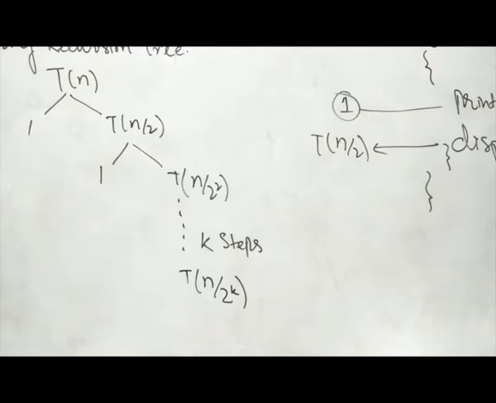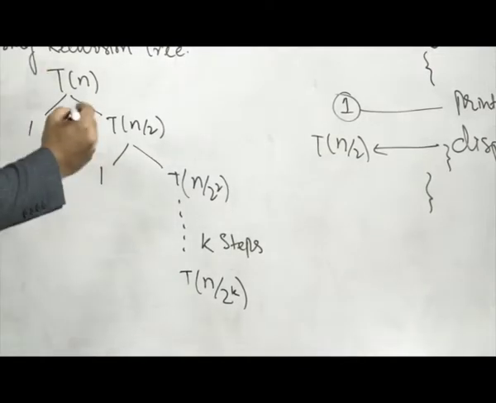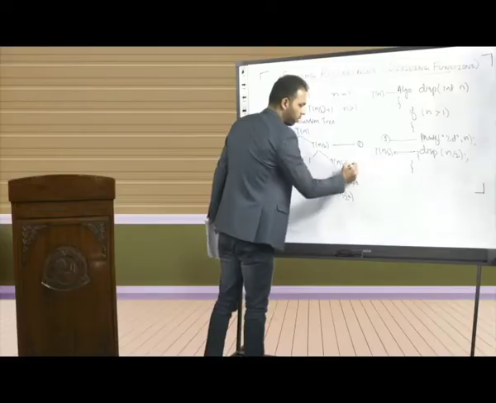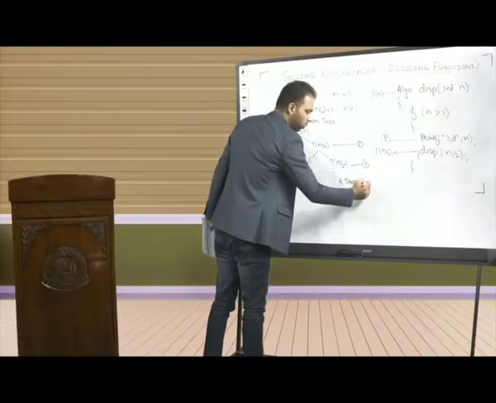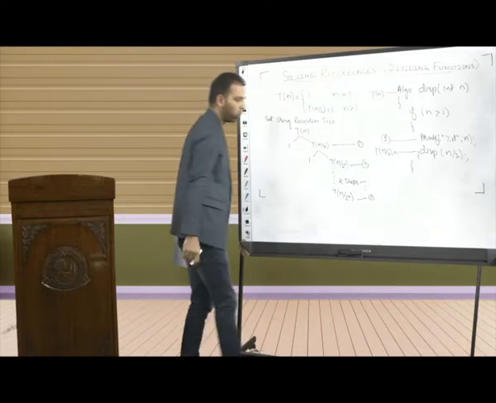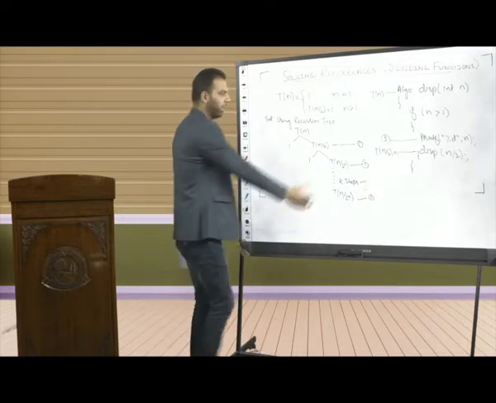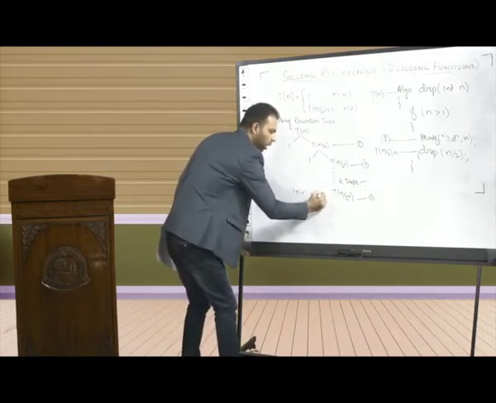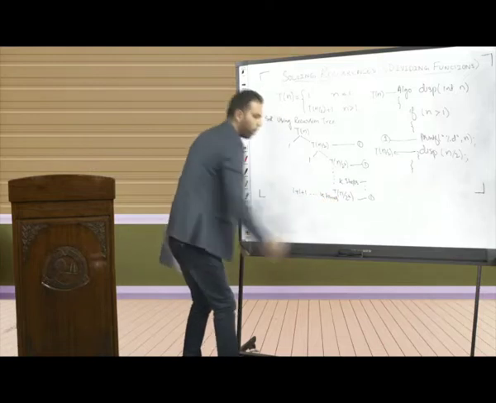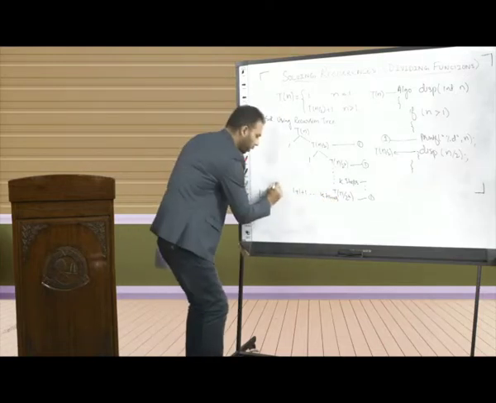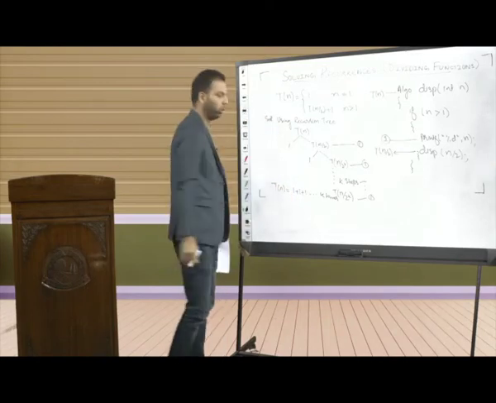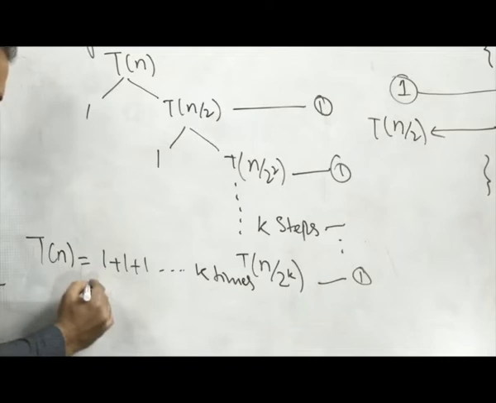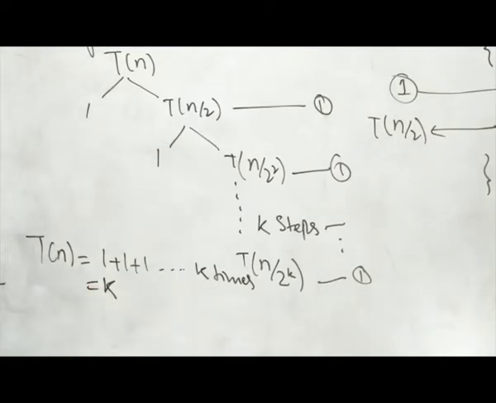If we see how much time it will take, this will take 1 unit of time, this will take 1, and so on, and this will take 1. So we simply have to add this time: 1 plus 1 plus 1, and so on, k times. So T(n) will be equal to this, and if we add it, it will be k. Now we have to calculate the value of k in terms of n.